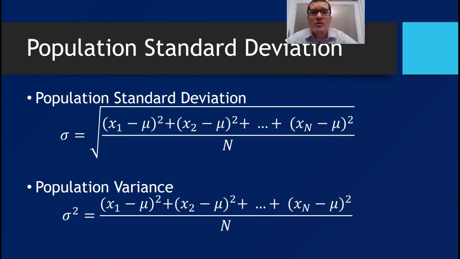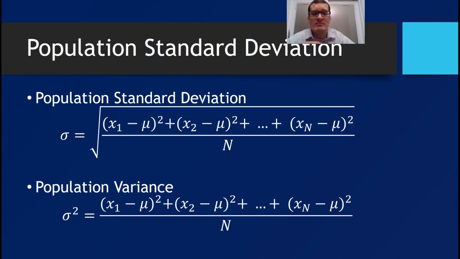Now, there are actually two ways to calculate standard deviation. The first one that I'm showing you is the standard deviation that we're going to use when we deal with a population. This formula isn't one that you're going to have to memorize and repeat, but it is something that you're going to have to match on a test.